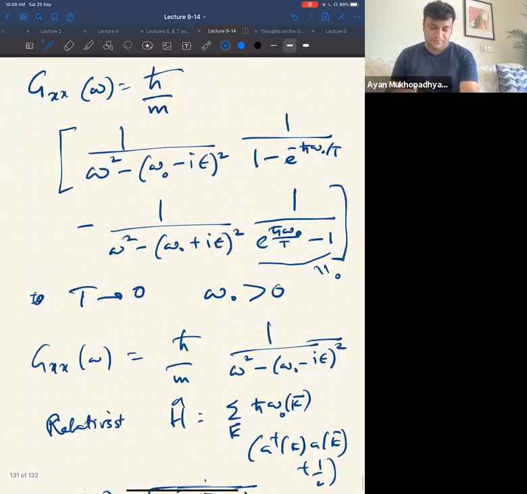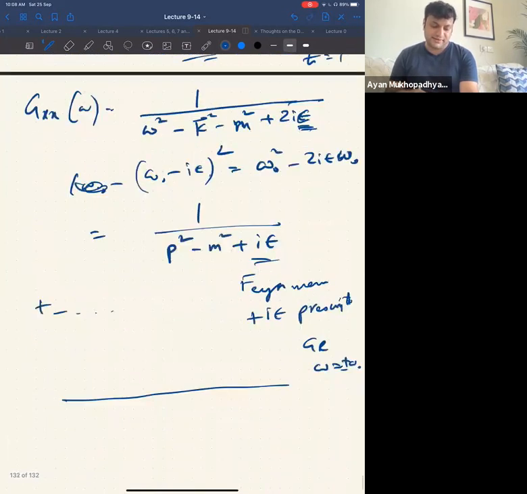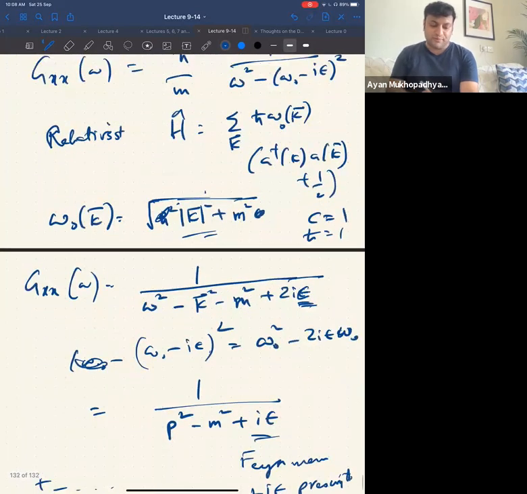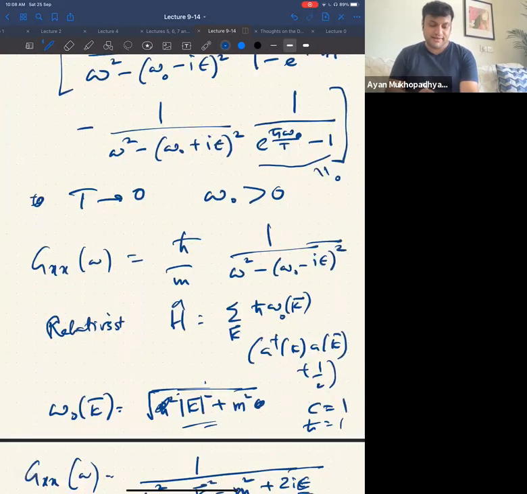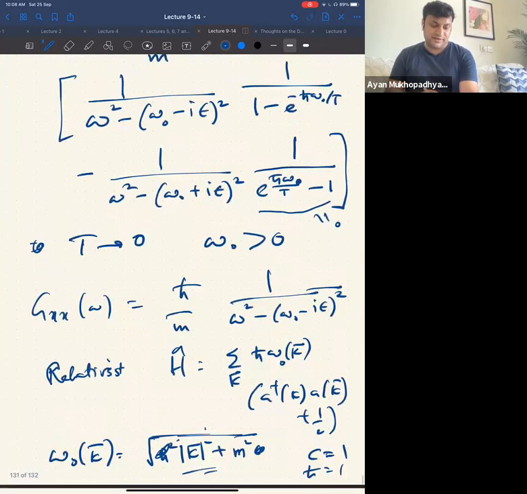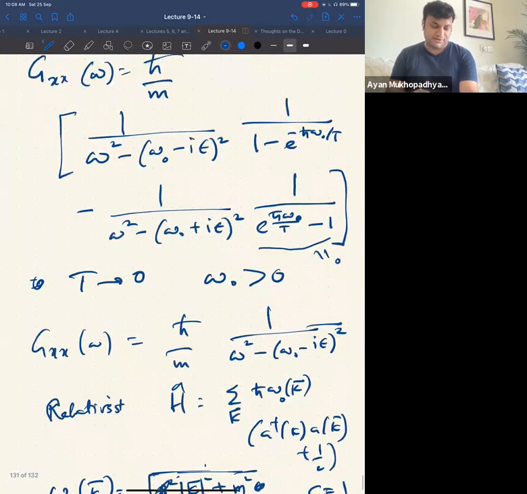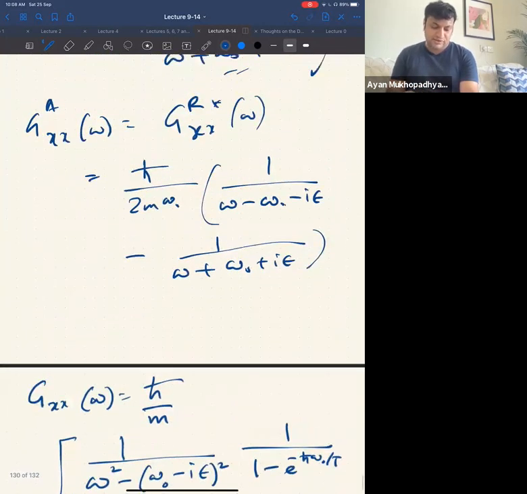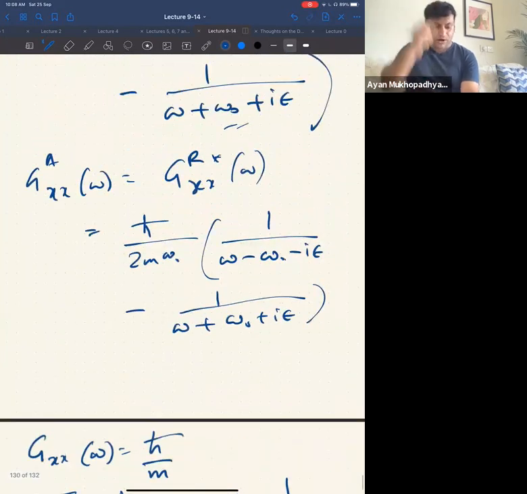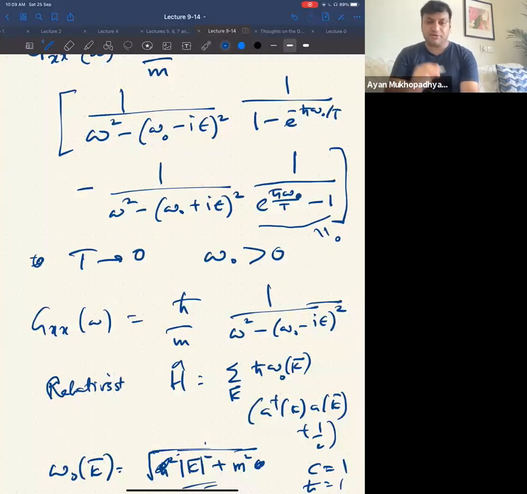So if I look at this object, where are the poles in ω? If I remove the intermediate stage of the computation, one of the poles is at ω minus ω₀ plus iε.